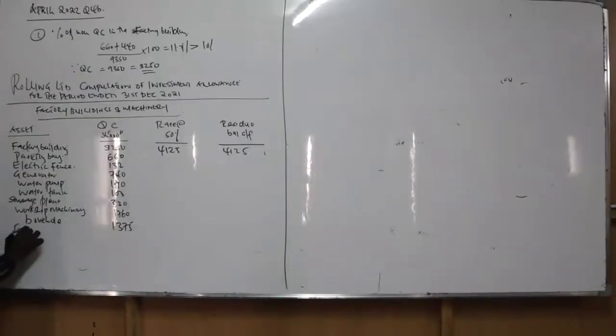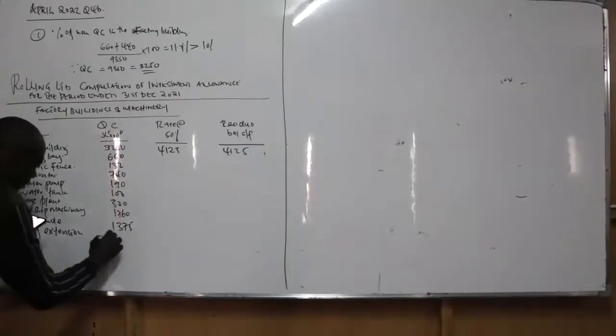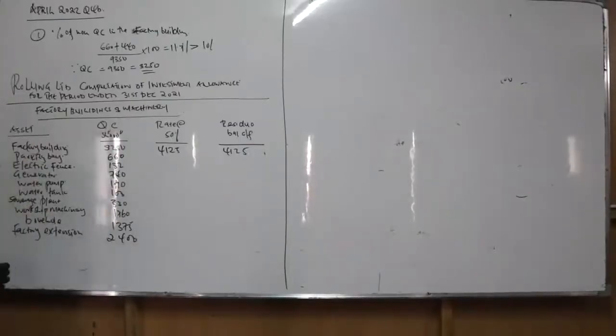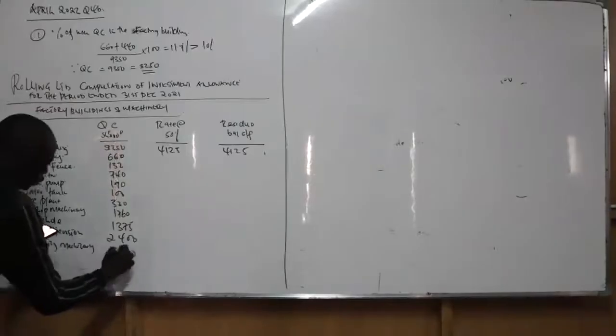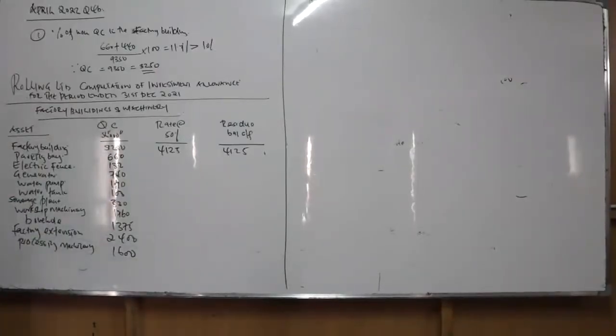We said it qualifies here. Factory extension, 2,400,000, that is 2,400. Installed their processing machinery. Then we have processing machinery, the cost is 1,600,000. So those are the items that qualify under that category.